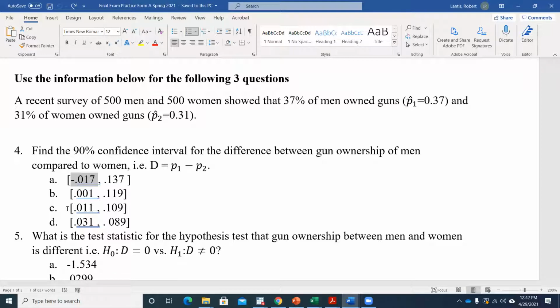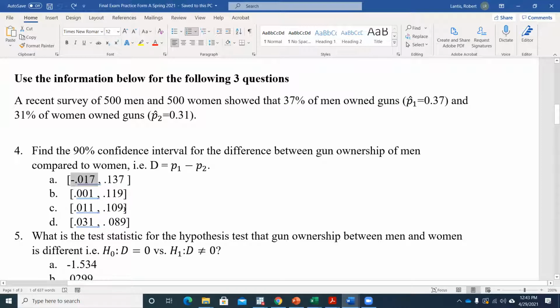So let me work through this one real quick so I can tell you what it would be. So 0.37 times 0.63 divided by 500 plus 0.31 times 0.69 divided by 500, 0.010.